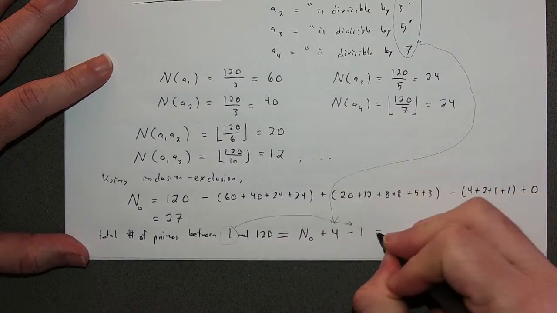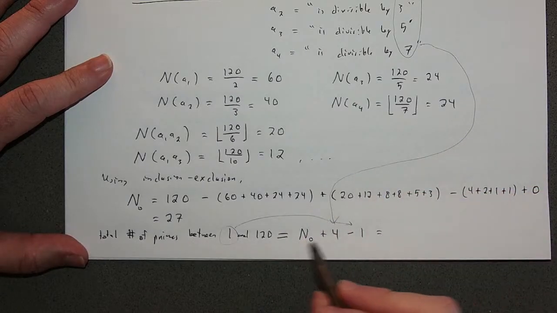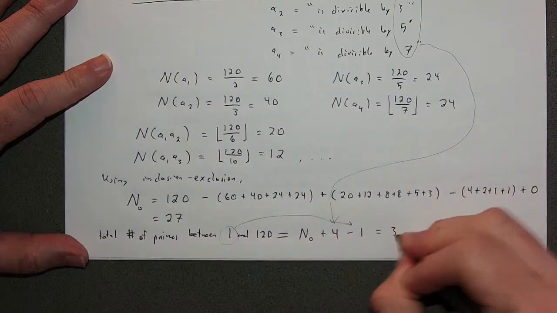So we have to modify this slightly. So this is n naught plus 3, 27 plus 3, so there's 30 of these primes.